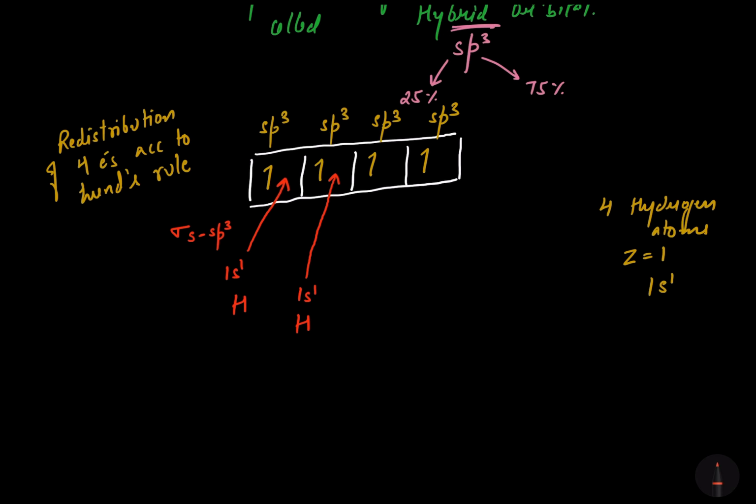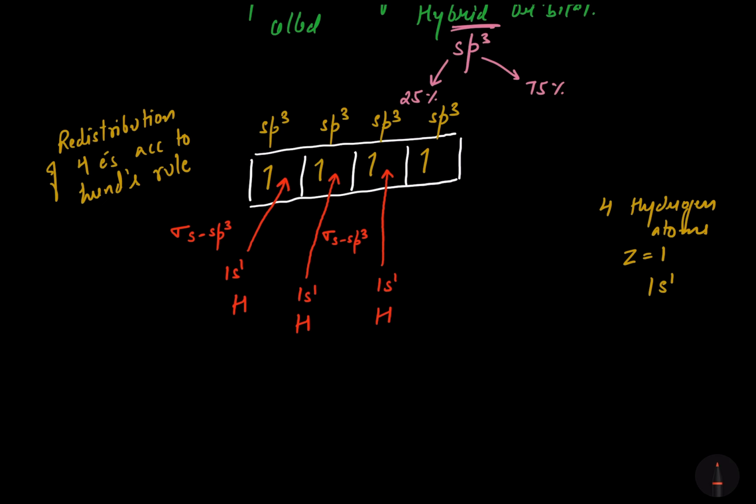Now let's talk about the third hydrogen. The configuration is 1s1. Here again the s orbital of hydrogen containing 1 electron will overlap with the sp3 hybrid orbital of carbon containing 1 electron. So there's the formation of a covalent bond. Again these bonds are of type sigma s-sp3, formed between the s orbital of hydrogen and the sp3 hybrid orbital of carbon.